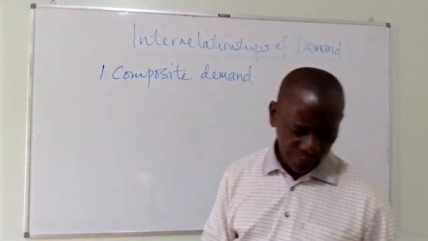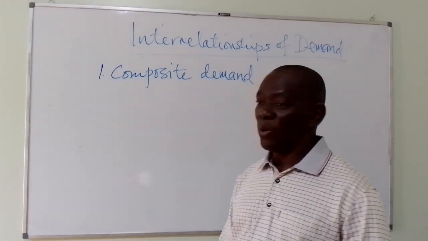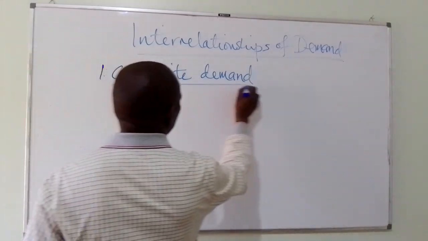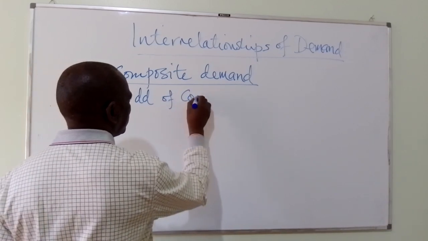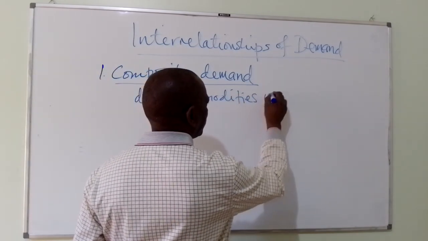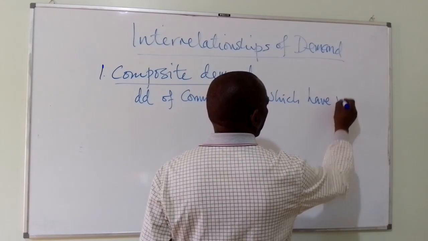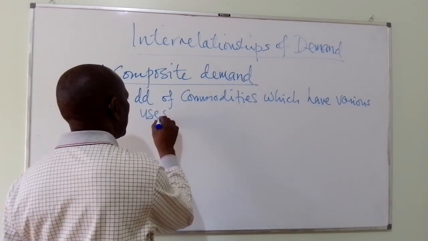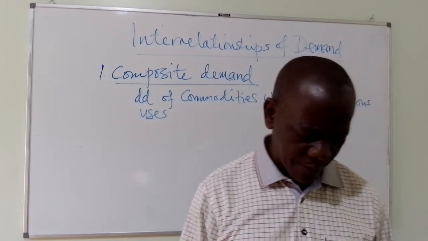Composite demand. This refers to the demand of commodities which have various uses, or which can be used for various purposes or several purposes.